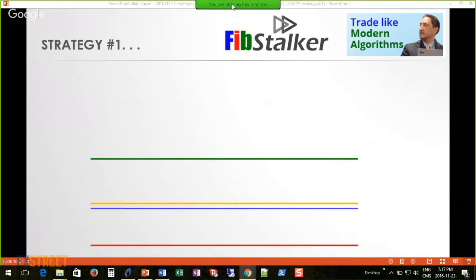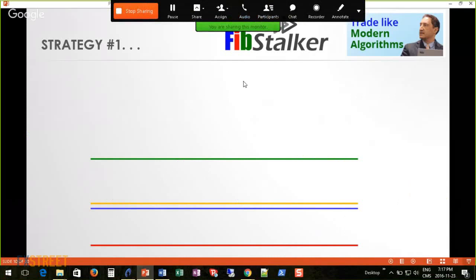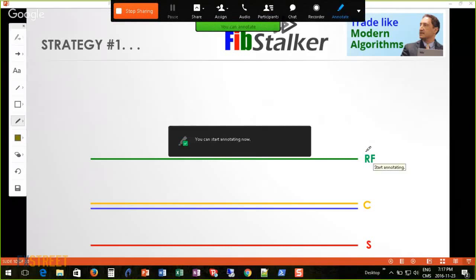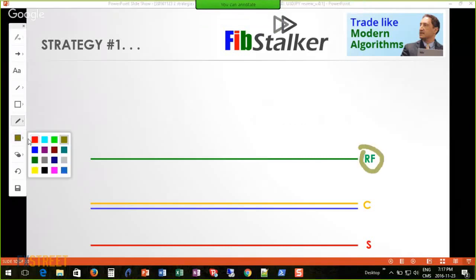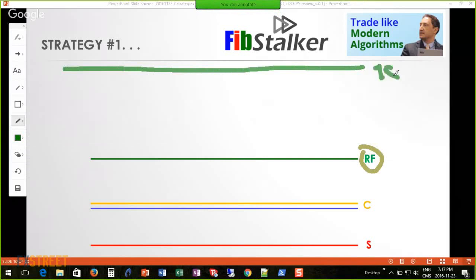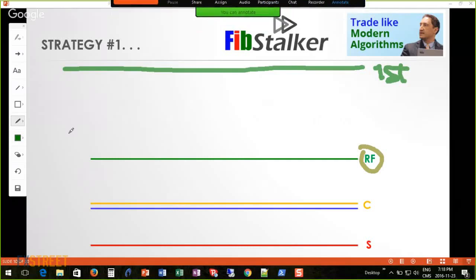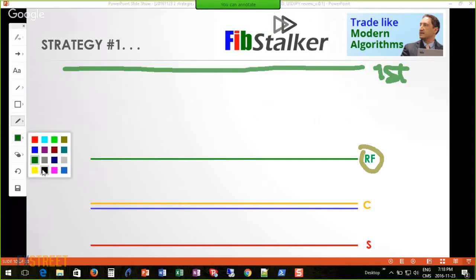Okay, why is this profit-taking strategy important? And what is the actual strategy? Supposing that we have a risk-free level here, as is shown here, and we have a first target somewhere higher, let's say this is going to be our first target, then this profit-taking strategy is very, very specific.